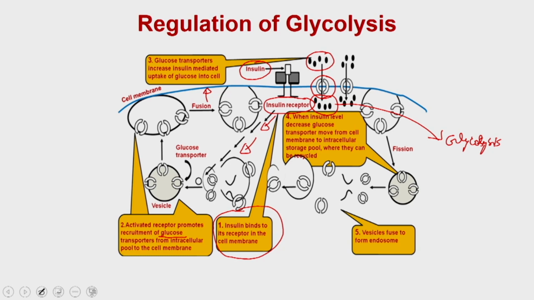But you can imagine that if the glucose level is very high and the insulin level is going down, then all these events are going to be reversed. The glucose transporters present on the cell surface are internalized into vesicles, and ultimately they are degraded through the endosomal system, and that is how the level of glucose receptors on the cell surface is reduced.